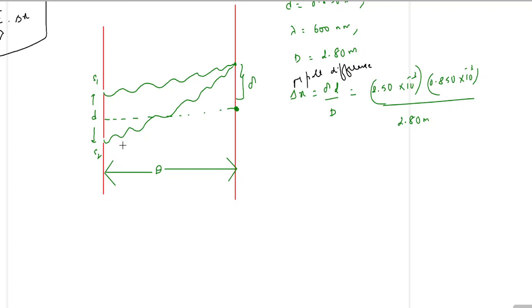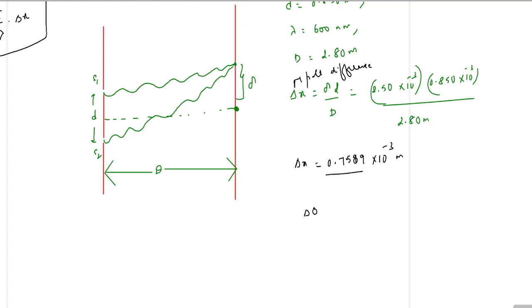Here the wave from S2 will travel extra distance, that is called path difference. This delta x is equal to 0.7589 into 10 power minus 3 meter. Just verify and see, this is what the answer would be.